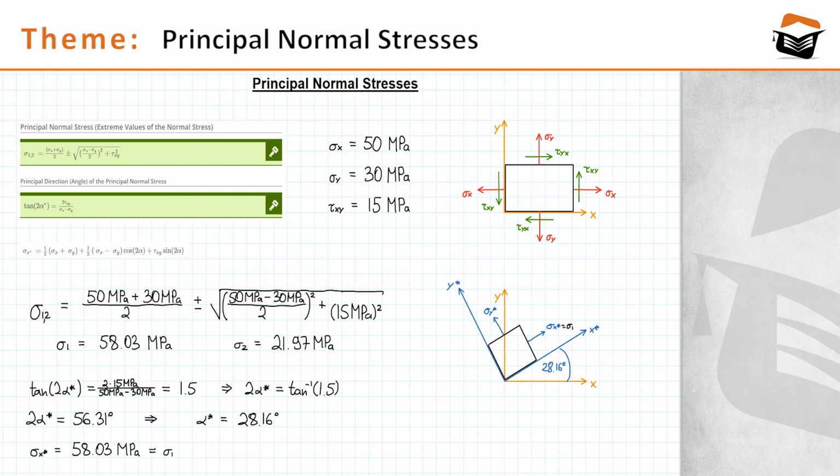And sigma y star is then automatically equivalent to sigma 2. And sigma 2 is 21.97 megapascal. Okay.